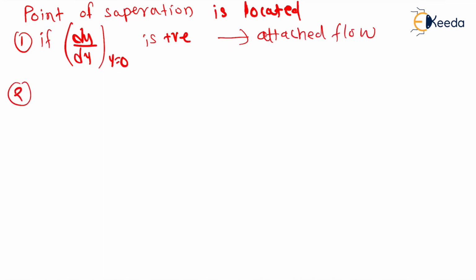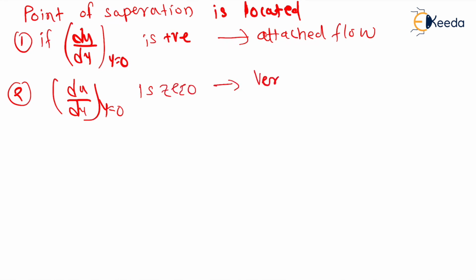Secondly, du upon dy at y equal to 0 is 0, that is verge of separation, flow is on the verge of separation. This is nothing but the point 3.